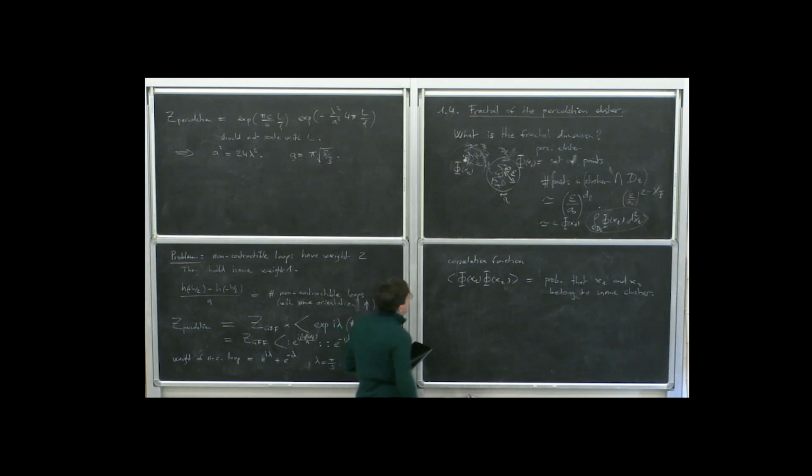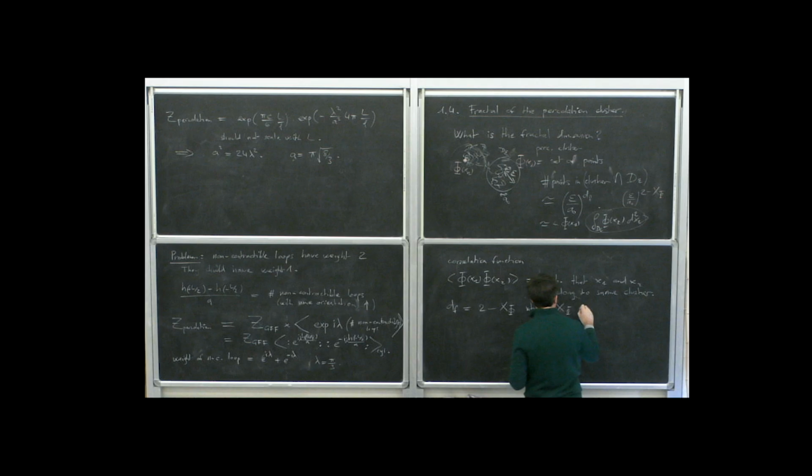And so what we see is that the fractal dimension d_f from that argument should ultimately be given by 2 minus the scaling dimension of phi, where capital X phi is the scaling dimension of the field phi.